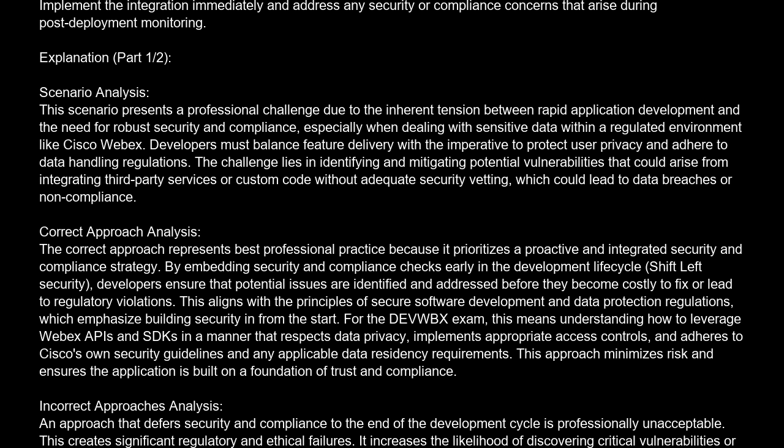This aligns with the principles of secure software development and data protection regulations, which emphasize building security in from the start. For the DEVWBX exam, this means understanding how to leverage Webex APIs and SDKs in a manner that respects data privacy, implements appropriate access controls, and adheres to Cisco's own security guidelines and any applicable data residency requirements. This approach minimizes risk and ensures the application is built on a foundation of trust and compliance.